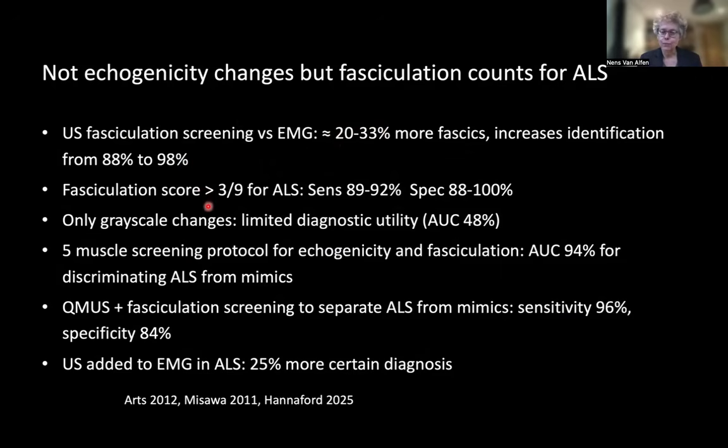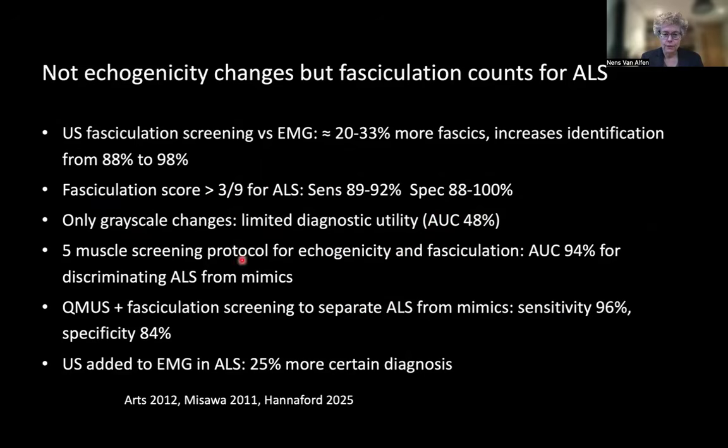If you have the appropriate clinical context and you screen 9 muscles with ultrasound and find fasciculation in more than 3, that gives you very high diagnostic values for this patient having ALS. While if you only looked at the gray levels, so how white the image is, the diagnostic utility would be much lower, like 50%.